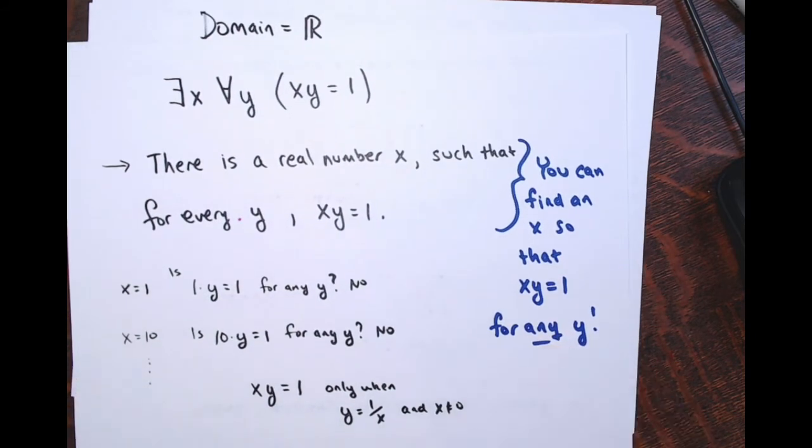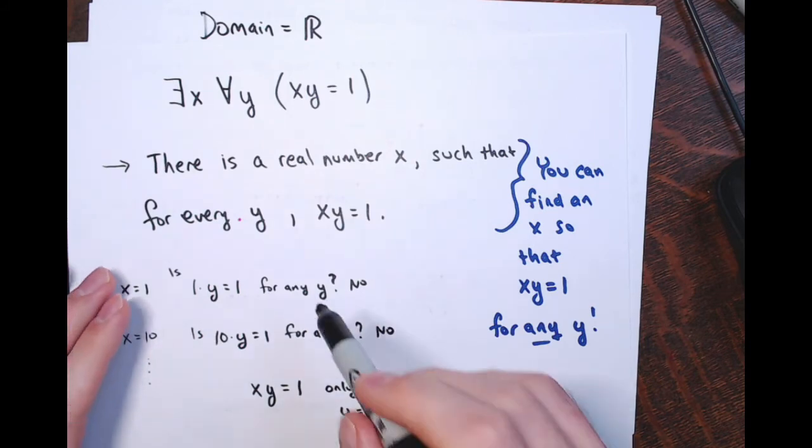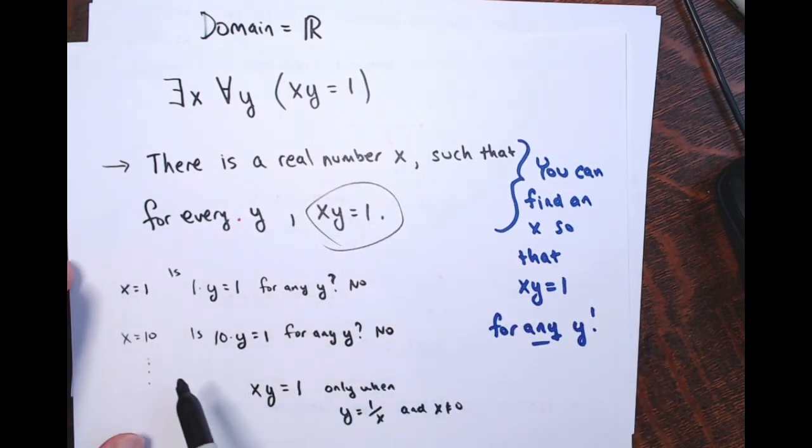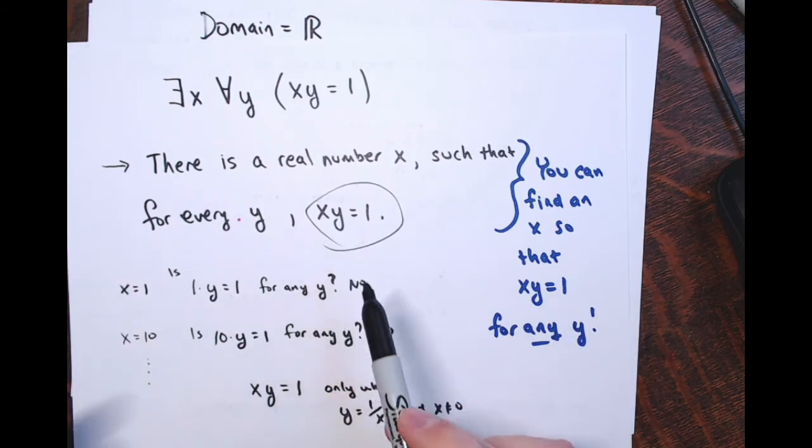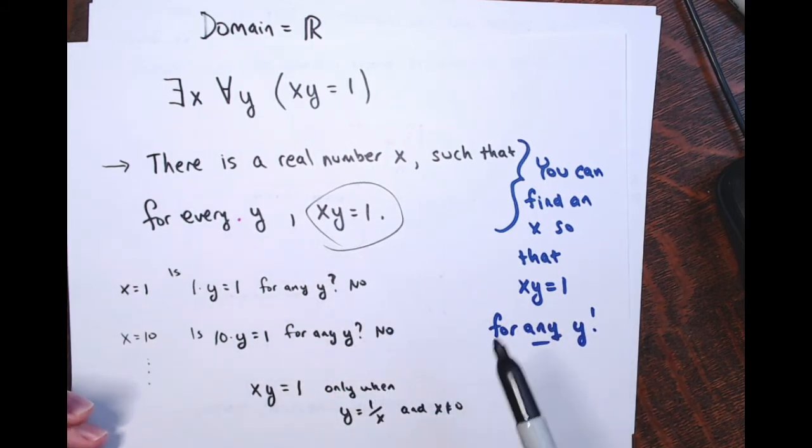So can you find a value of x that makes 1 divided by x equal to any number you want? No. If x equals 15, y would have to be 1/15th. That's the only number this statement would work for. If x equals 75, y would have to be 1/75th, and that's the only number.